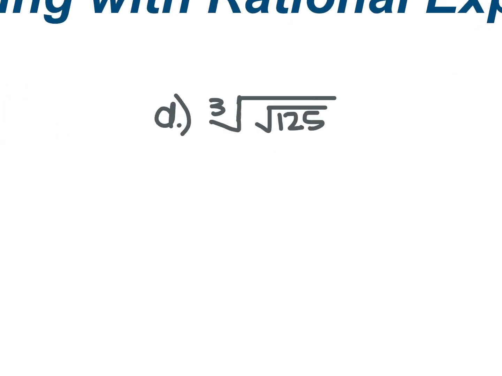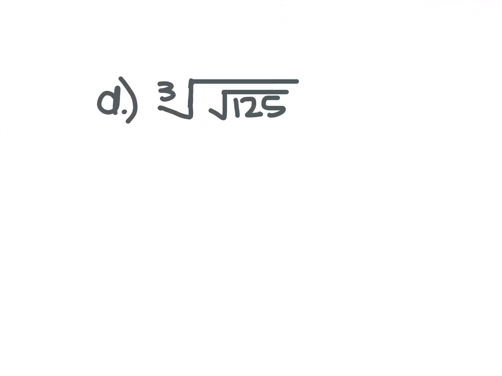For the last example, we're simplifying. We know that if we have a radical and a radical, we multiply the indexes together. So my index on the one on the inside, when you don't have an index written there, it's implied that it's a 2. So I multiply 3 times 2, which would be 6. So this is the 6th root of 125.